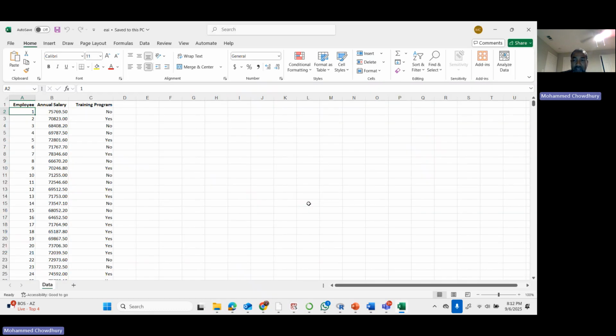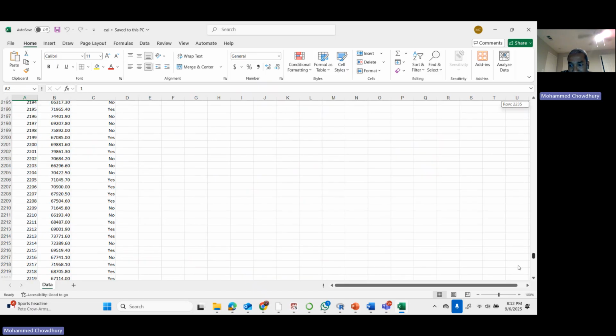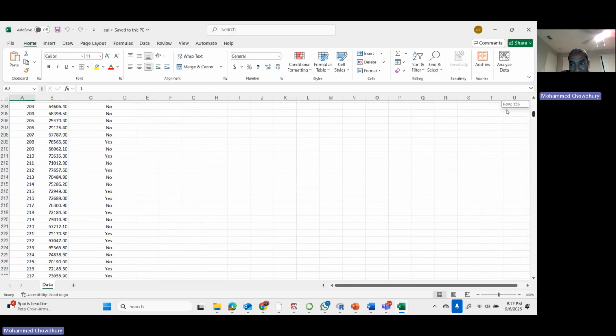There are 2500 rows of the managers of Electronic Associates Incorporation and their annual salary, as well as whether each manager completed a training program or not. So this is the data. Altogether there are 2500 rows.